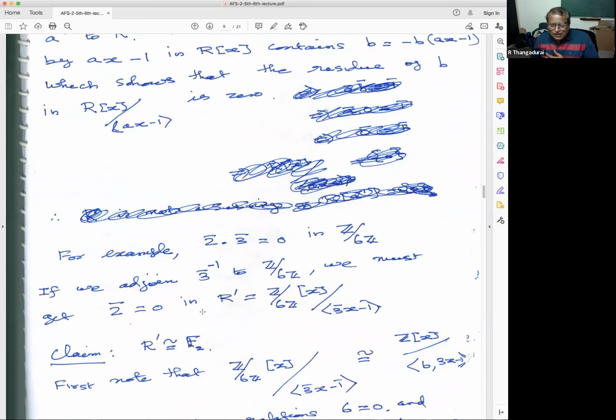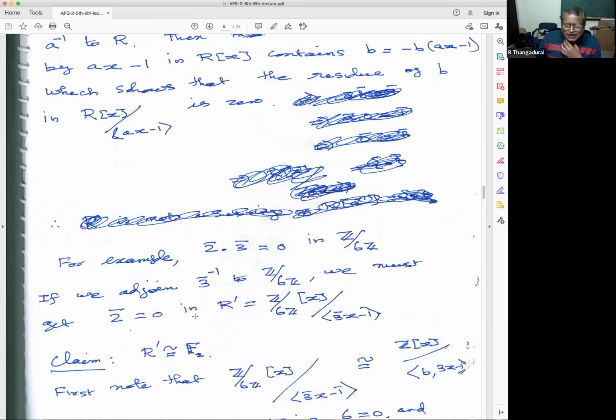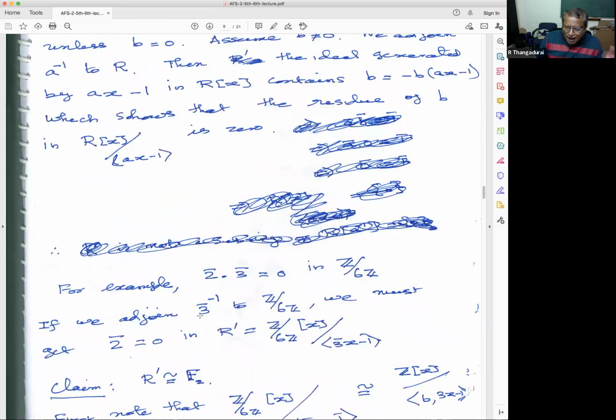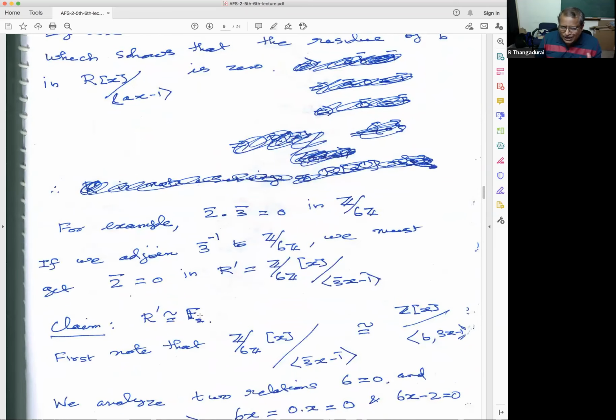We claim that. If we claim this particular isomorphism, then what is our original ring R? Z mod 6Z. This R prime is nothing but R[3 bar inverse], an extension ring.